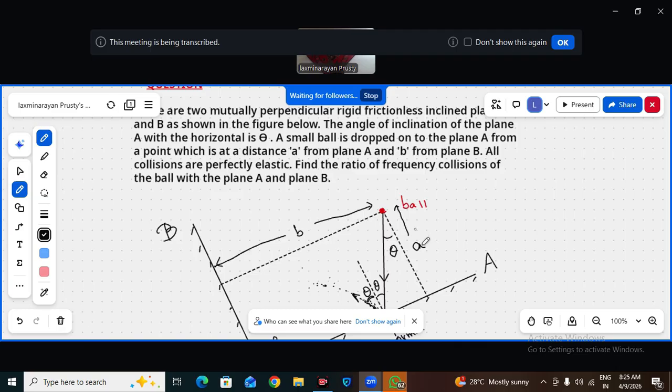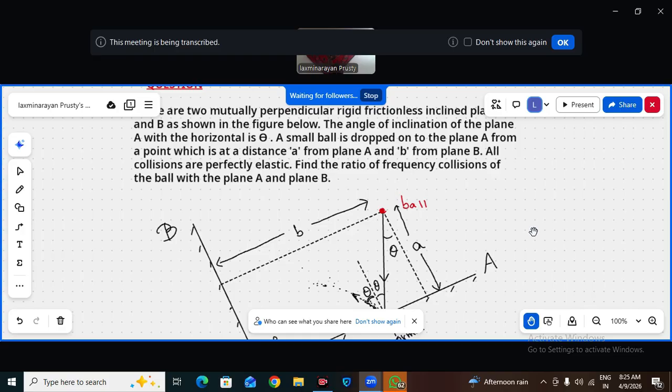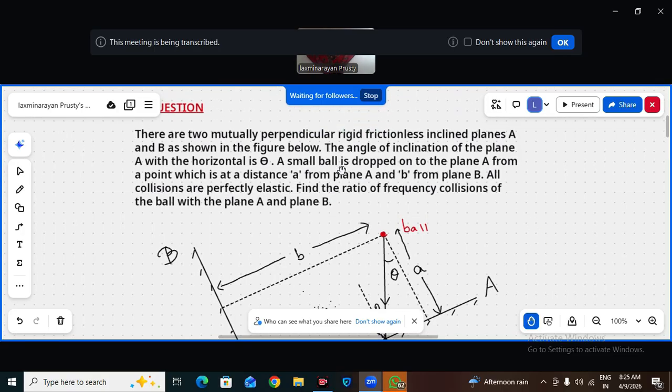This is the A distance. So this ball is located at a distance A from plane A and a distance B from plane B initially, and it is dropped.